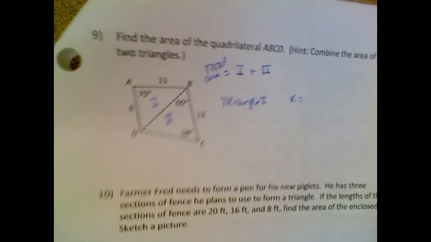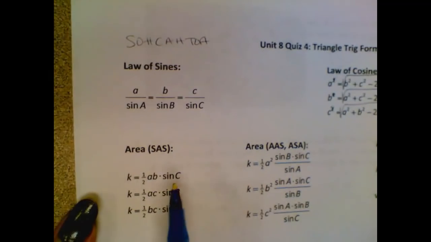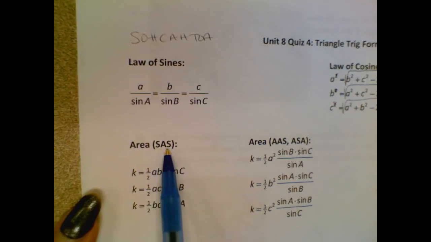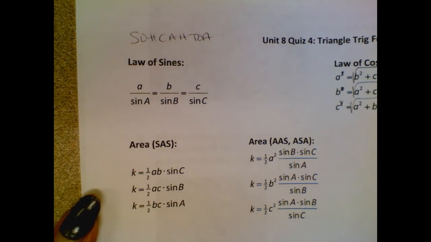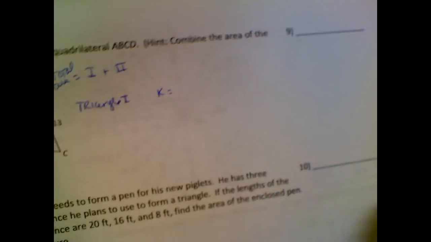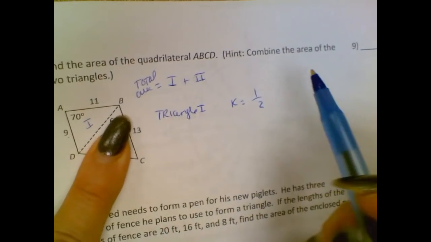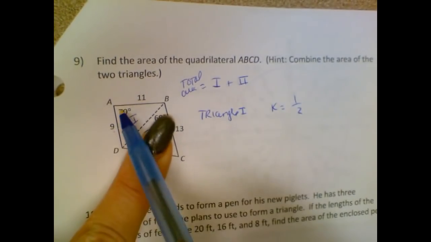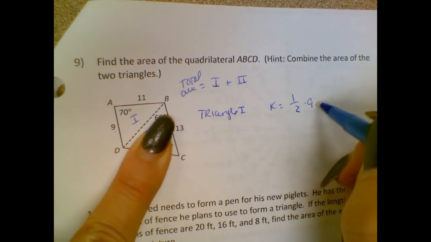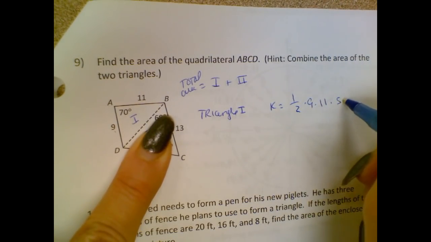Now these formulas are on the back. So an area for SAS is this one. SAS, you see that? It's 1/2 side, sine of the angle. So, where's that at? So it is 1/2. Now I'm going to cover these up. Looking at triangle 1 here. So side, angle, side. So it's side times sine of the angle.